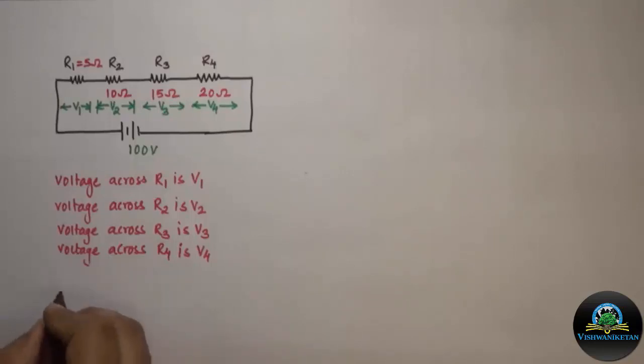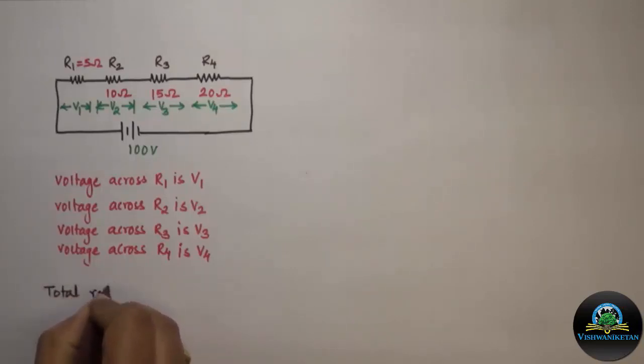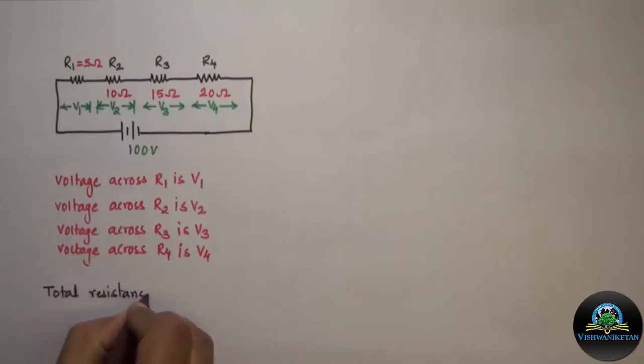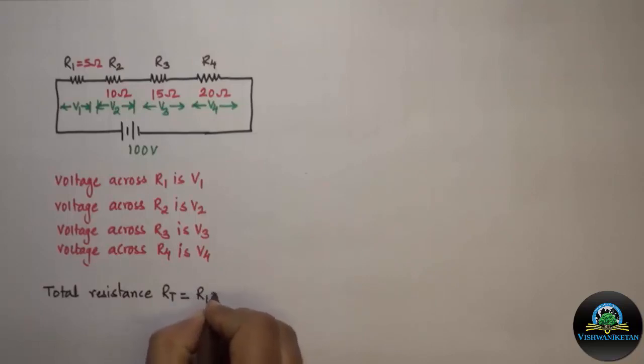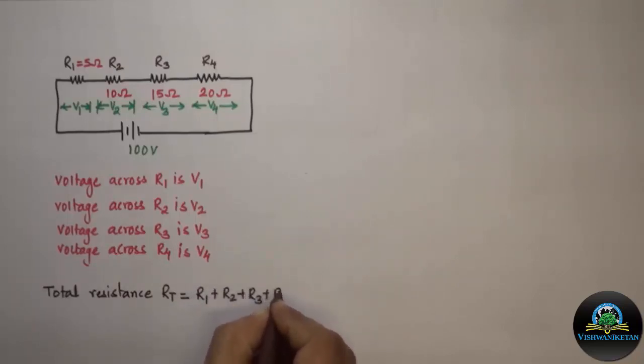So first we will calculate total resistance. So in this circuit, total resistance RT will be equal to R1 plus R2 plus R3 plus R4.